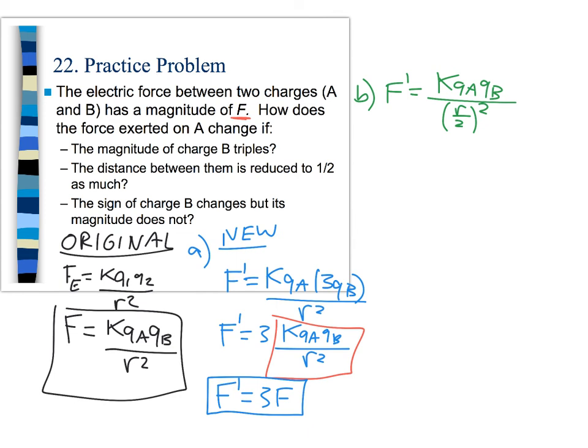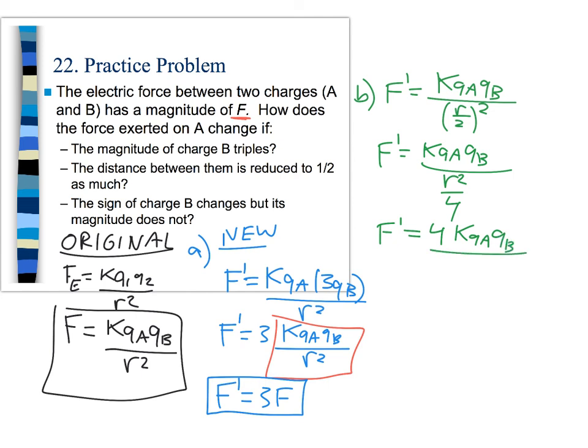So what I end up getting when I do that math there is k QA QB over r squared over 4. I'm going to multiply top and bottom by 4 to get rid of that double fraction, and so I get 4 k QA QB all over r squared. We see once again that this is my original force, and so my answer here is that my new force is going to be 4 times that original.